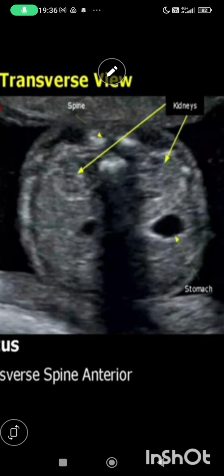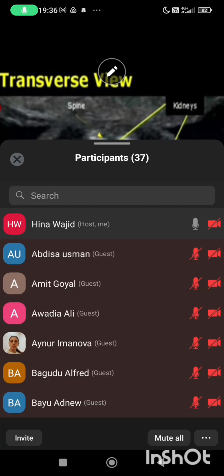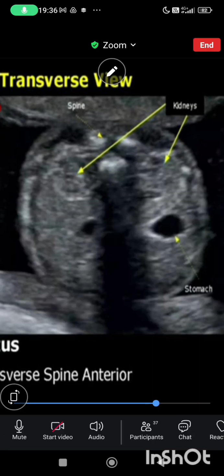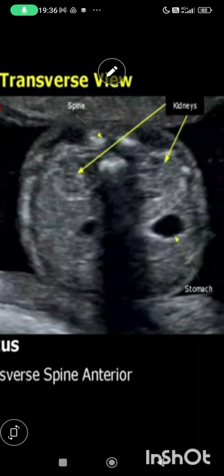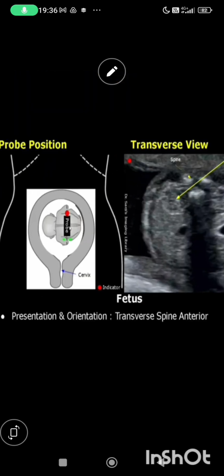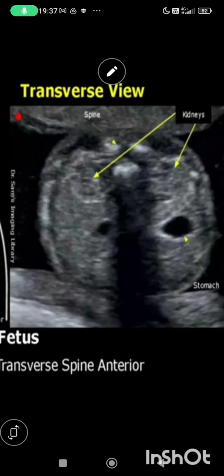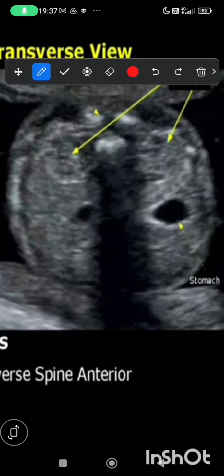Okay, can any one of you please tell me, is this transverse head right or left? Any guess? Head left. Okay, clockwise, transverse head right. Anti-clockwise, transverse head left. So here clockwise, so the presentation is transverse head toward the maternal right side, as we can also see here in this image. And when this is opposite, the stomach is present here.